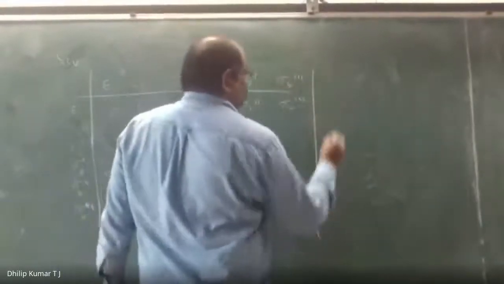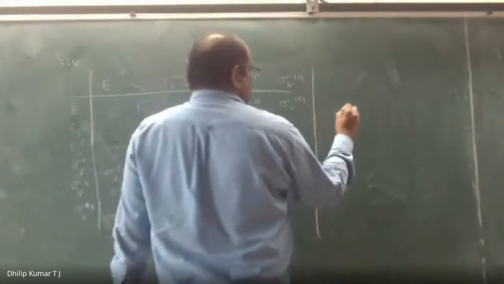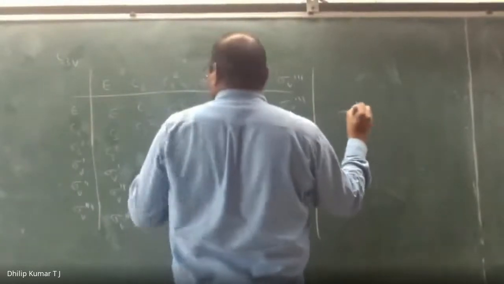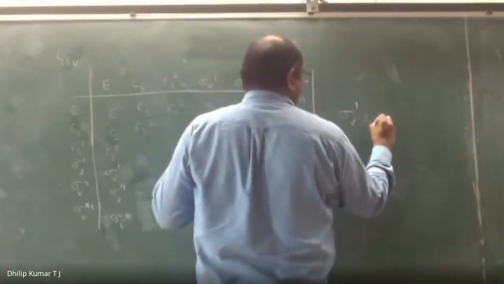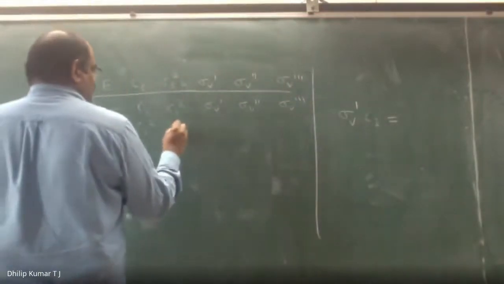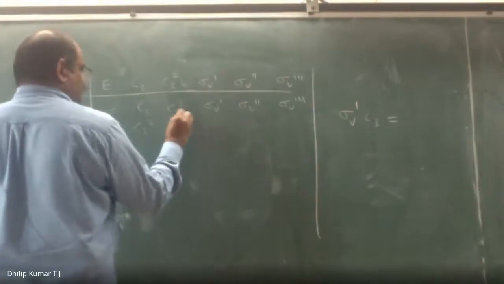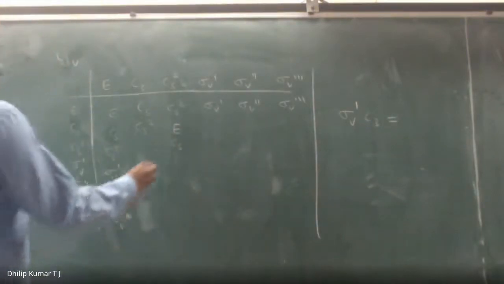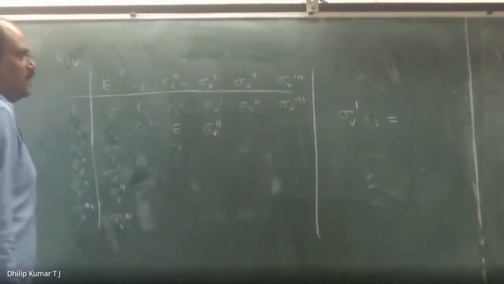So your question was if you multiply sigma V prime and C3, you get one answer. What will you get? C3 into C3 is E. I would say you will get sigma V double prime. Are you getting that? Yes. And here we multiply to get sigma V triple prime.